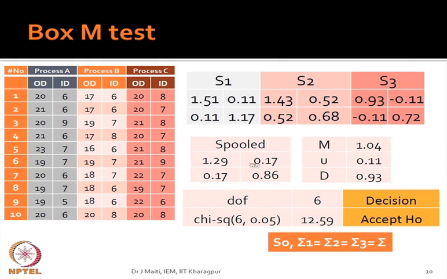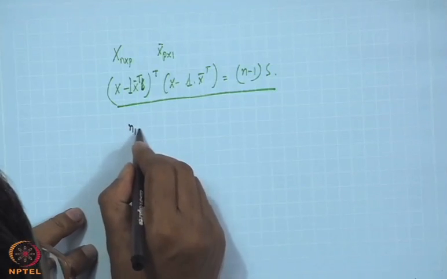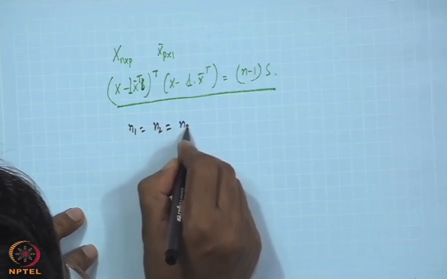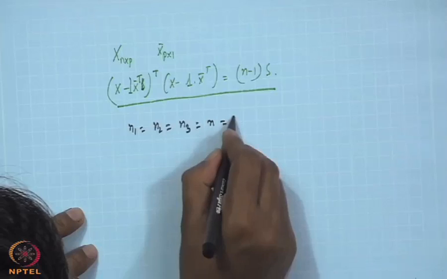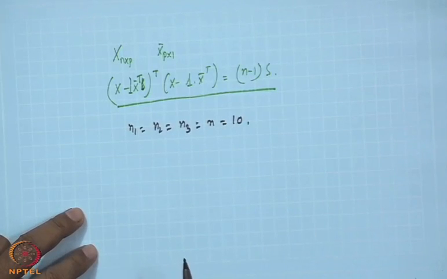Then what do you require to know? You require S pooled. Here N1 equal to N2 equal to N3, so write down like this, N1 equal to N2 equal to N3 equal to N equal to 10.